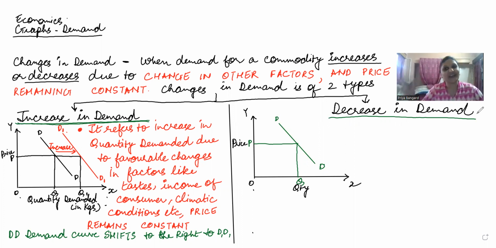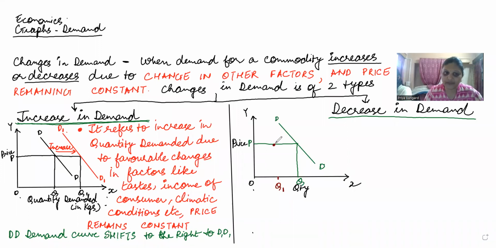Increase in demand is a rightward shift, decrease in demand is a leftward shift. ओके, सो प्राइस रिमेन सेम, बट हमारी क्वांटिटी किसी रीजन से कम हो गई. पी प्राइस पे पहले भी था, अभी भी है, पर क्वांटिटी Q से Q1 हो गई.